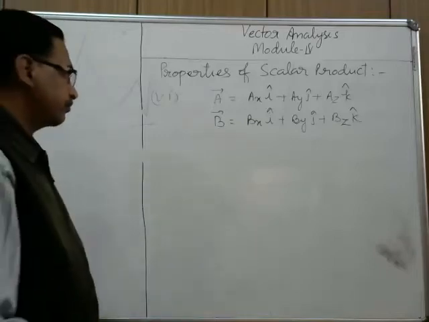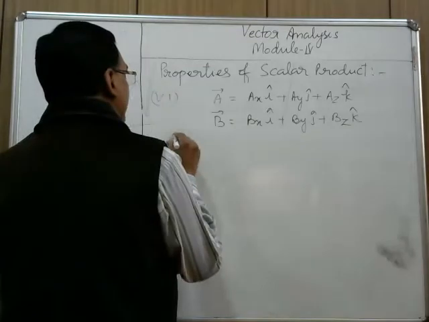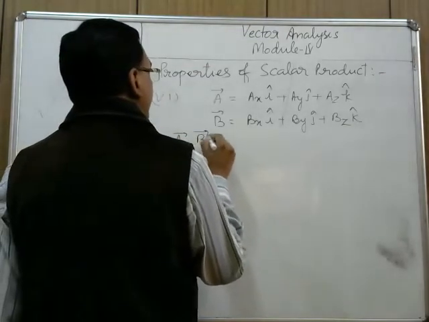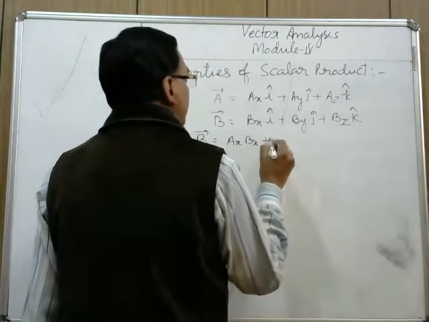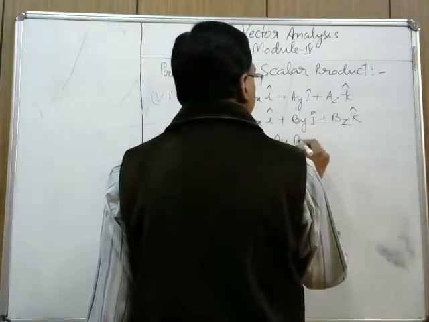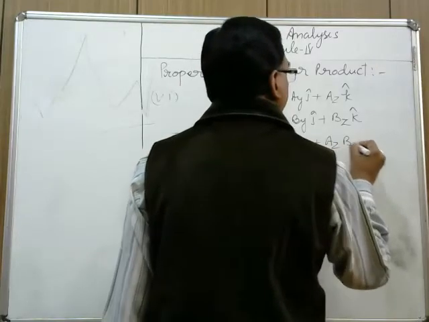Now, what is the meaning of this? It means vector A dot B equals ax bx plus ay by plus az bz.